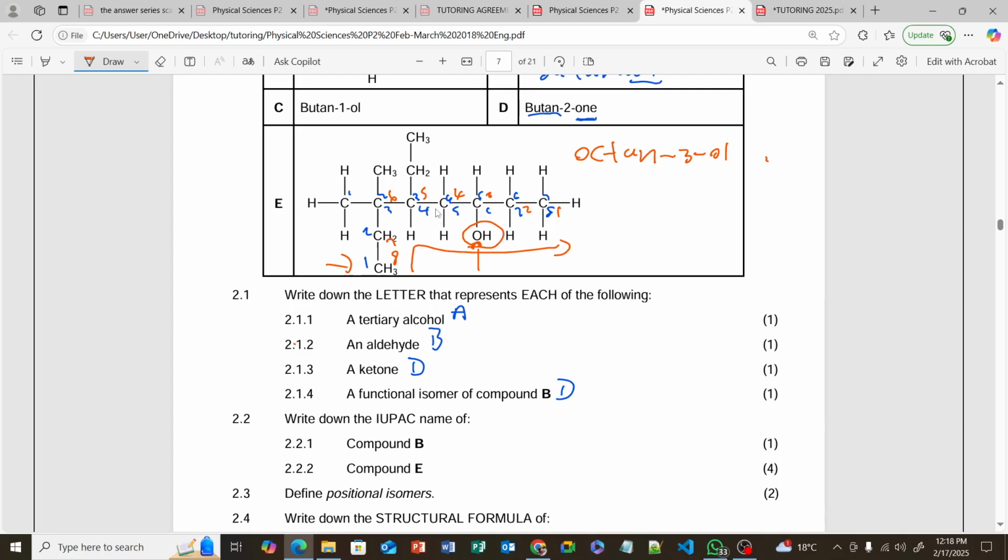Then at position number 5 we have ethyl, so it's going to be 5 dash ethyl.